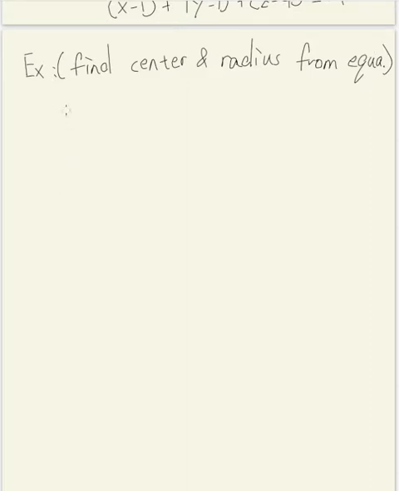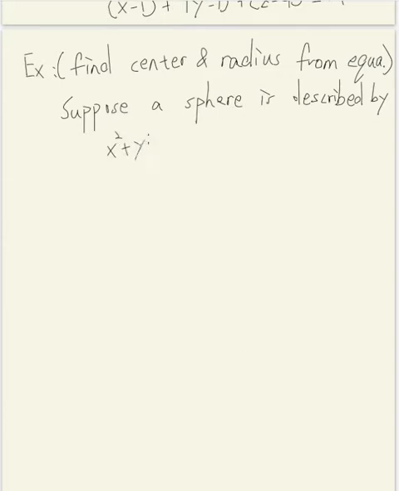Okay, now suppose a sphere is described by this equation, x squared plus y squared plus z squared minus 2x plus 4y, oops, minus 6z plus 8 equals 0.